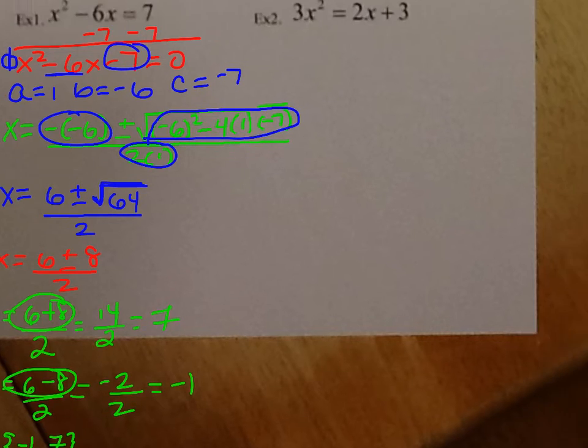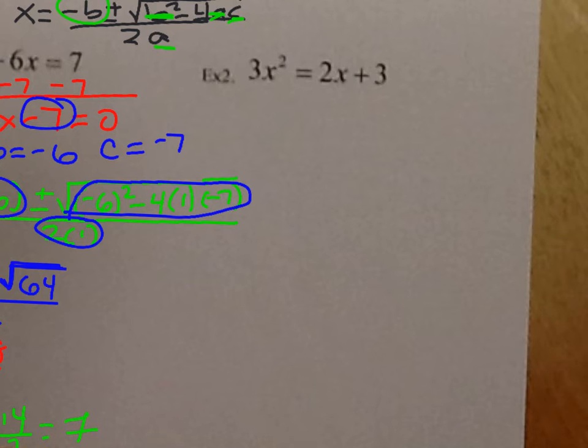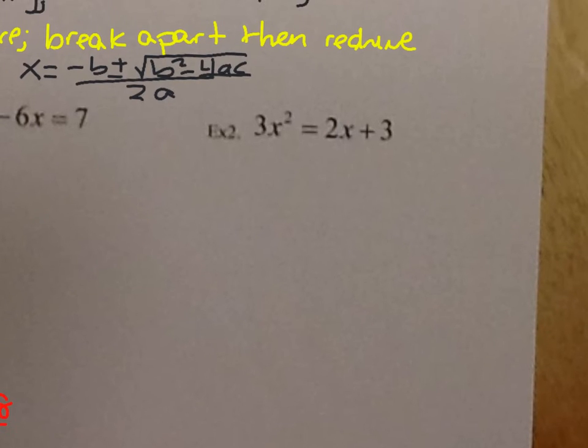All right, let's try number 2. Okay, so I noticed for number 2, which is 3x squared equals 2x plus 3, it's not in the right form. So I have to move the 2x over to the left and the 3 over to the left.